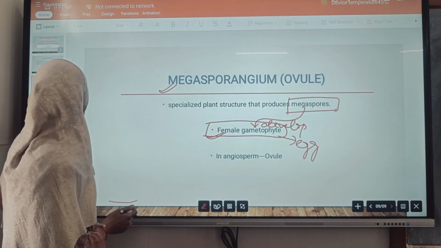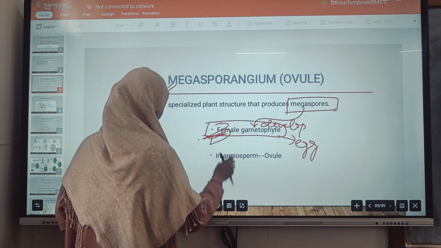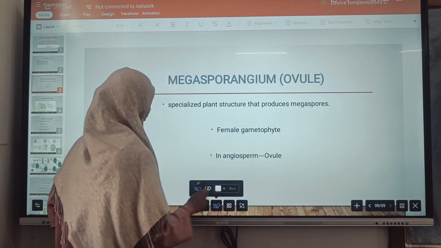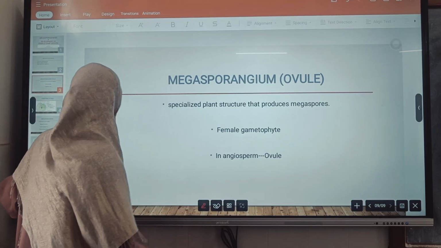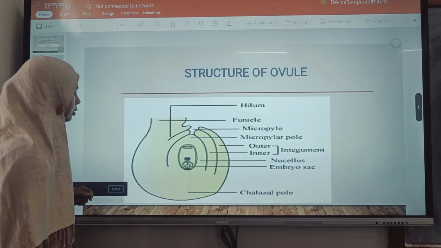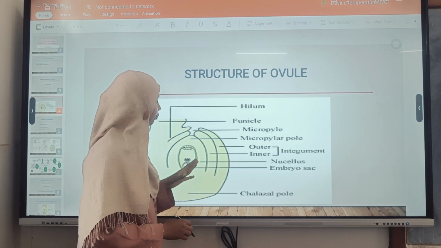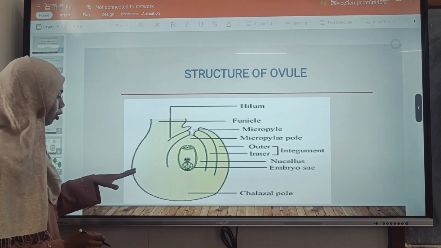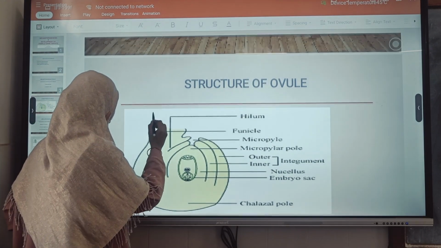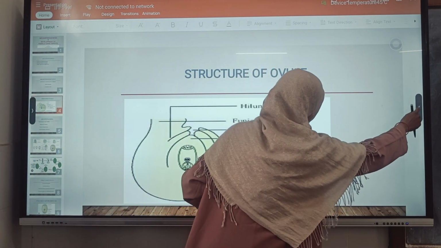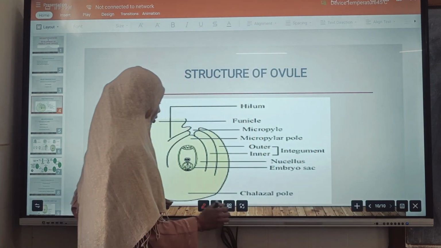We have to discuss this structure clearly with the help of a diagram. Now this one is the diagram of the megasporangium or ovule. This is the structure of a typical anatropous ovule, in which the outer stalk-like structure is present, and what is that stalk-like structure?